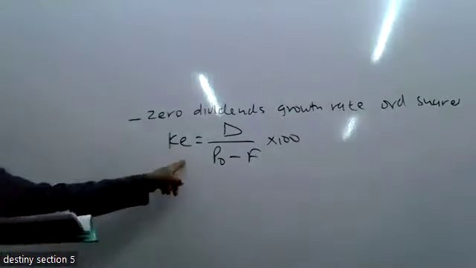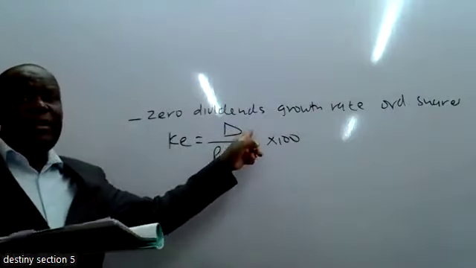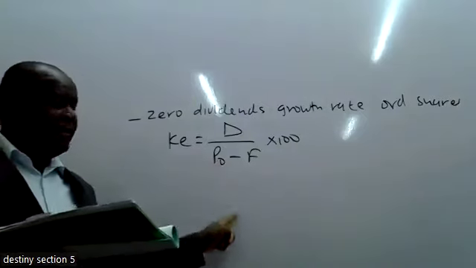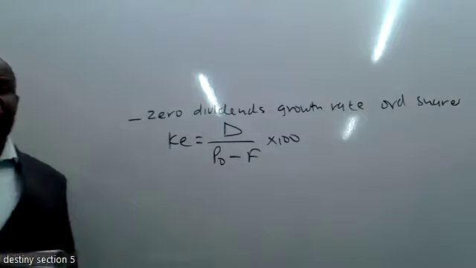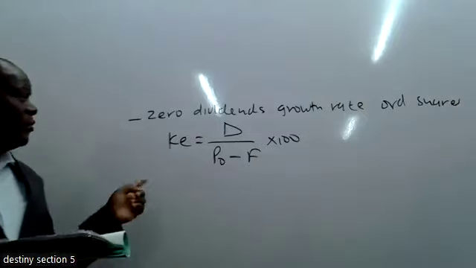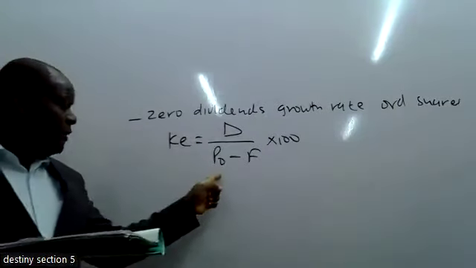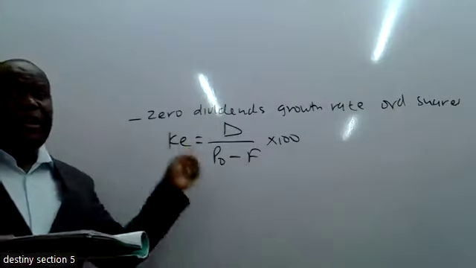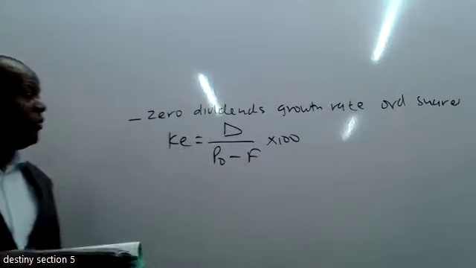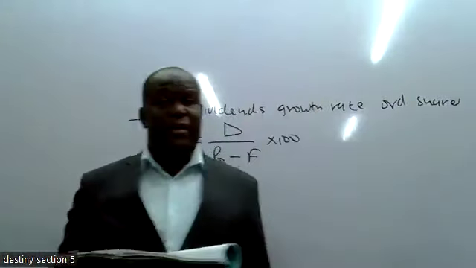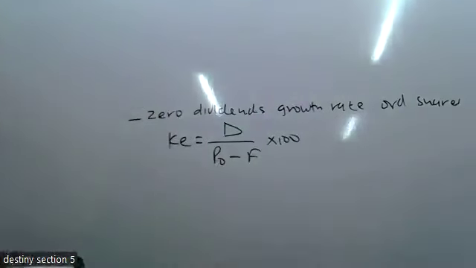KE is the cost of the ordinary share, D is the dividend per share, PO is the current market price per share, and F is the flotation cost. That is the first dash, the zero dividend growth rate ordinary share.